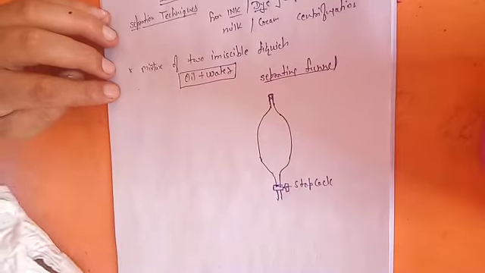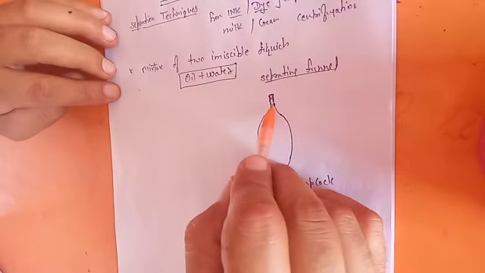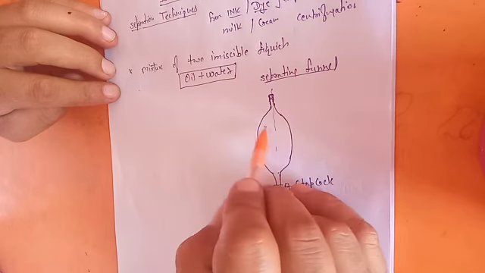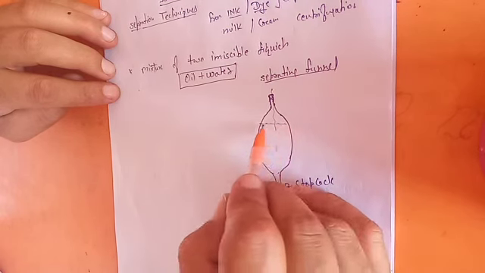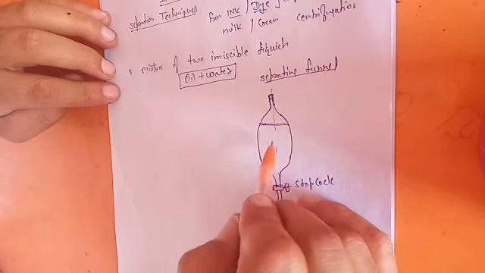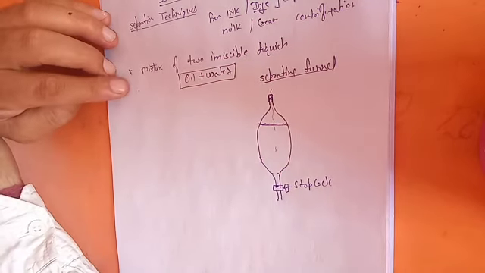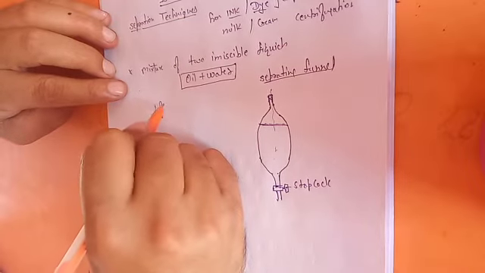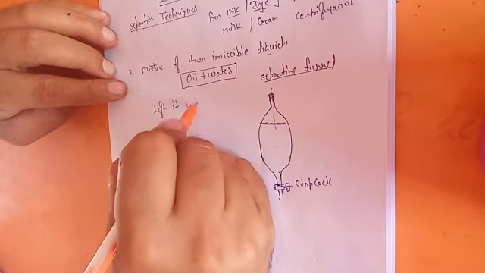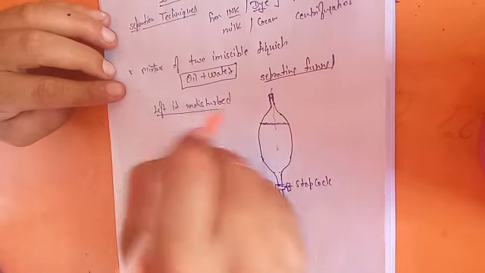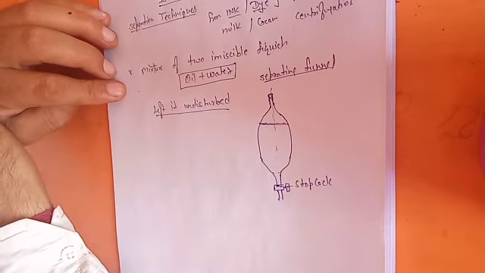Now what will we do? First of all, we will put the mixture in from over here. Suppose we have filled the mixture up to here in this separating funnel. Then we will leave it undisturbed for a long time. Then what will happen?